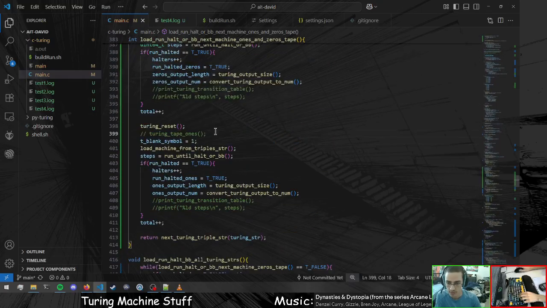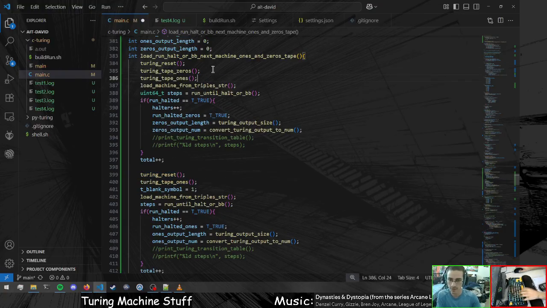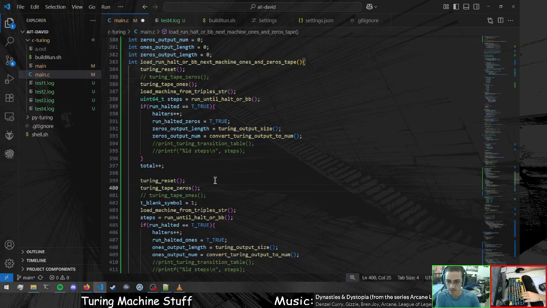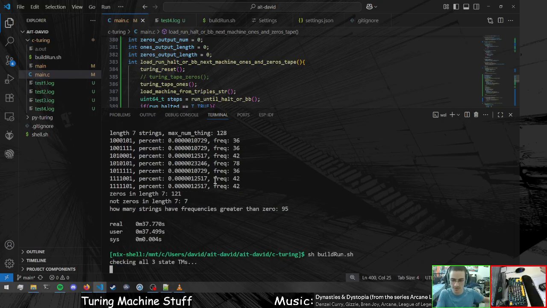Because if I don't put ones, there's going to be a bunch of zeros. Okay, I have a question. What if we put ones for this one and zeros for this one? What happens then? Does this generate the correct table?